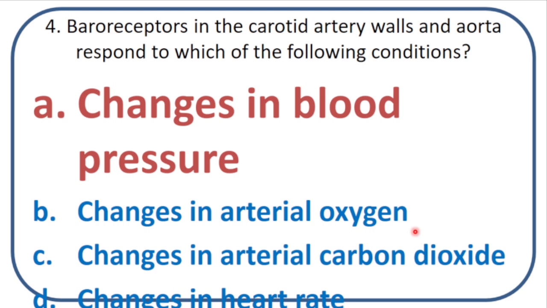So here we studied three things: baroreceptors, which are influenced by changes in blood pressure; then the peripheral chemoreceptors, affecting arterial oxygen; and chemoreceptors in the medulla, which are stimulated by arterial carbon dioxide.